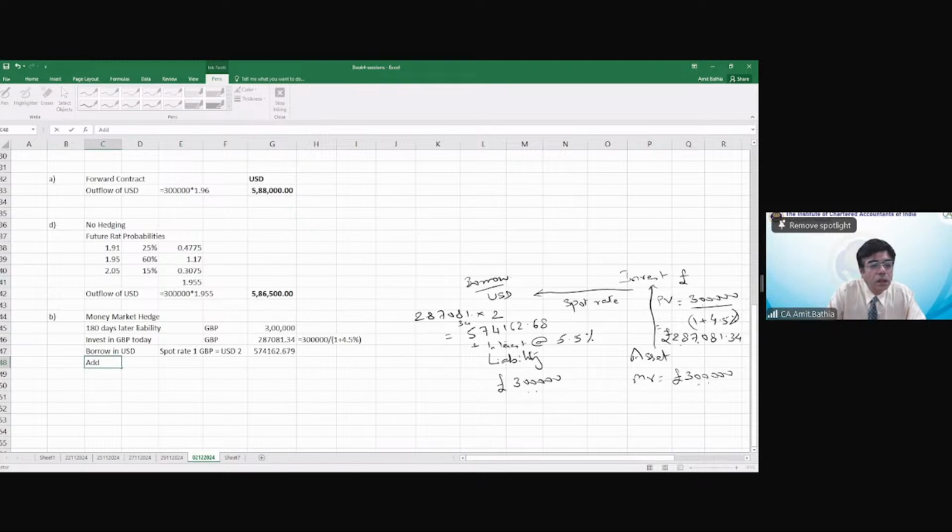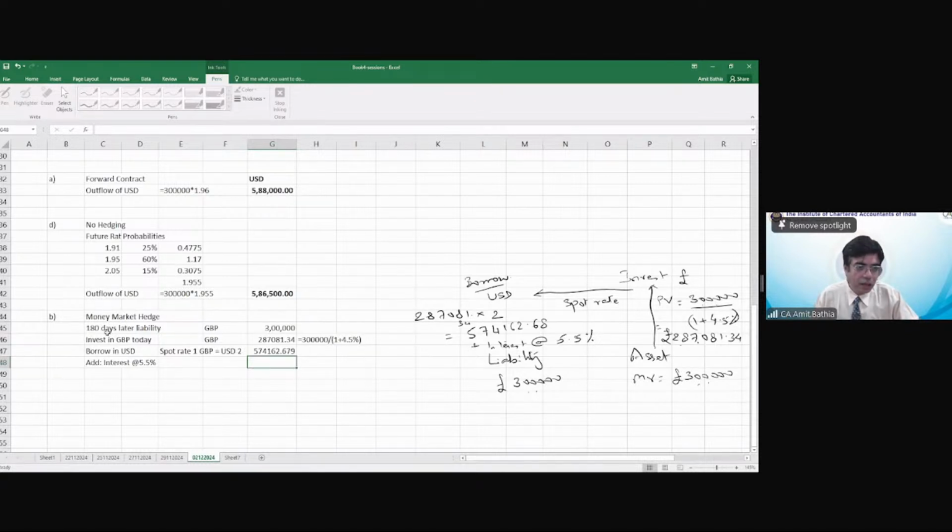Add interest at the rate of 5.5%. Now remember again, we are told it is 180 days interest. Normally, had it been mentioned as per annum, then we would have taken 6 upon 12. Here, we always assume the year is of 360 days, and the reason for that is that this is a money market hedge.